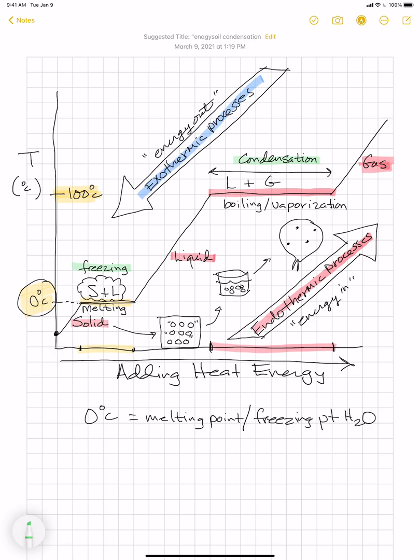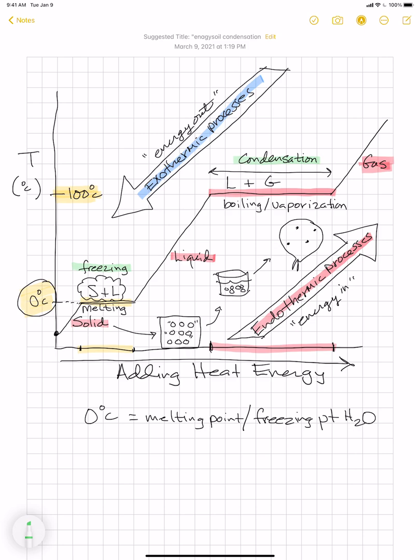All right, so what have we talked about today? Well, we clarified why the plateaus are there. And we also discussed why the plateaus are of different size, and we related that to the intermolecular forces that exist in each change of state, okay?